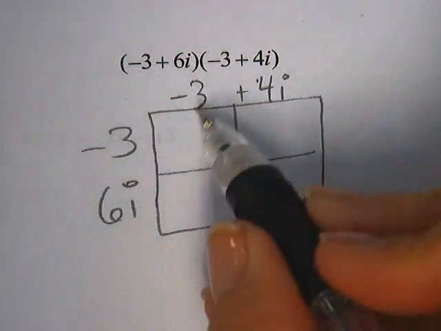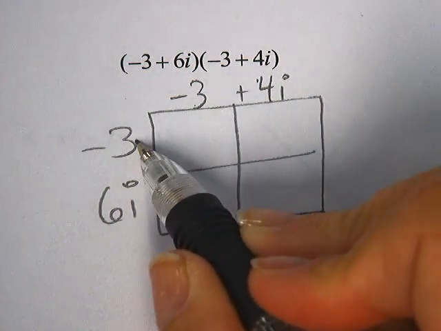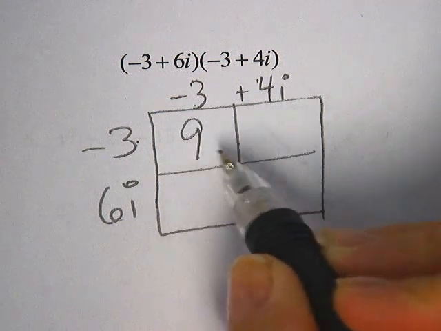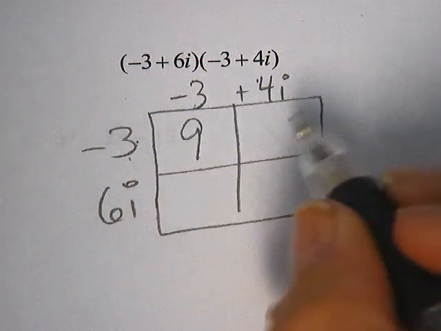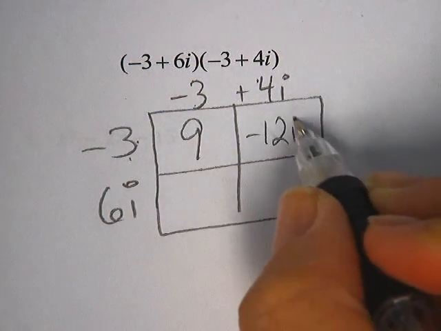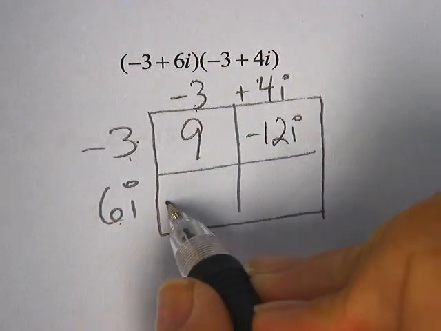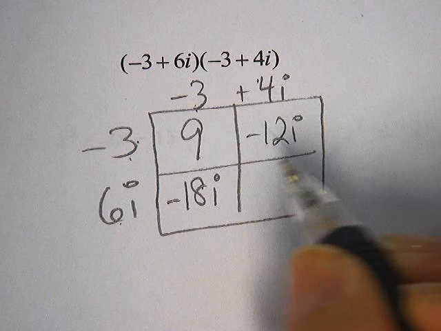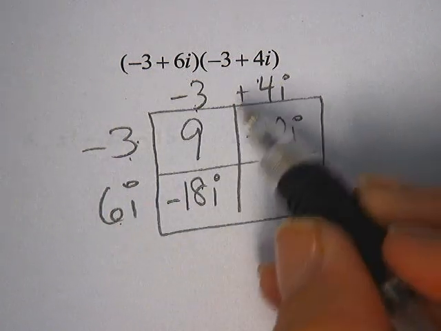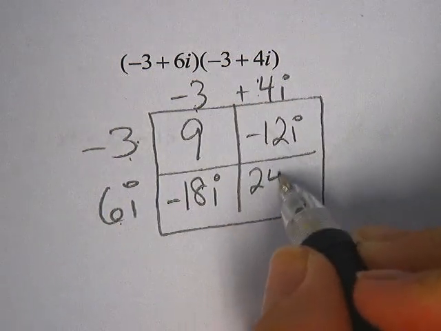So left times the top: negative 3 times negative 3 is a positive 9. Negative 3 times 4i is a negative 12i. 6i times negative 3 gives me a negative 18i. And finally, 6 times 4 is 24.